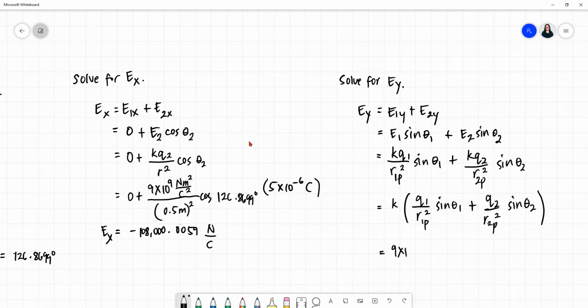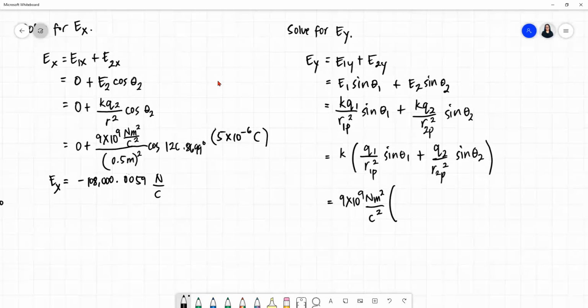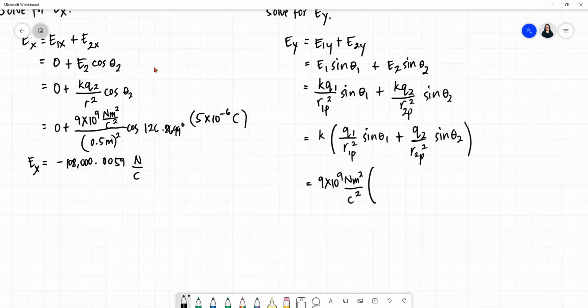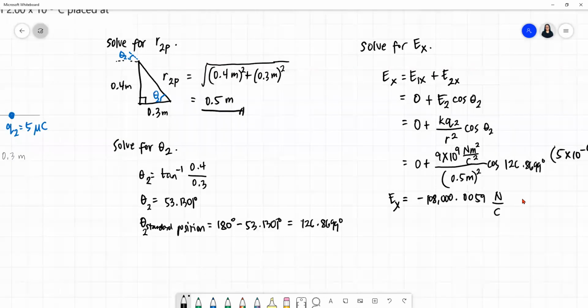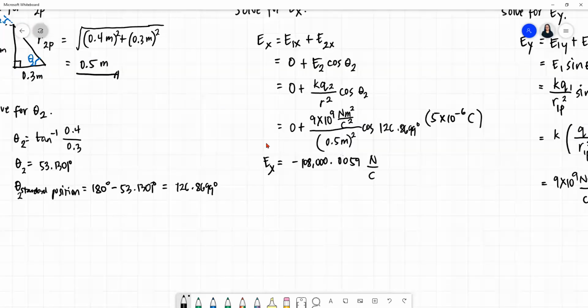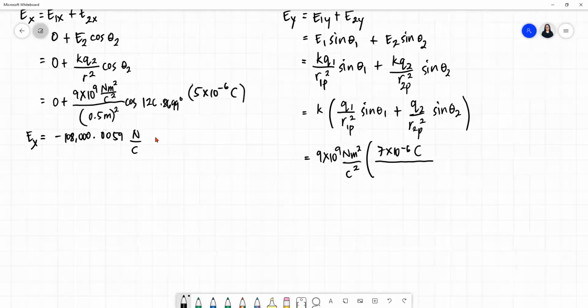We have 9 times 10 raised to the power of 9 newton meter squared per coulomb squared times Q1, which is 7 microcoulombs, so 7 times 10 raised to the power of negative 6 coulombs, over the distance between 1 and P, which is 0.4 meter, quantity squared, times sine of 90 degrees.